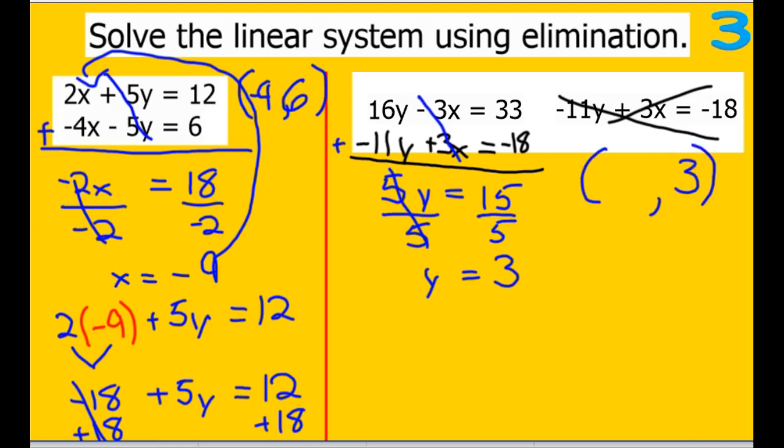So now we're going to take that 3 and plug it in somewhere for y.